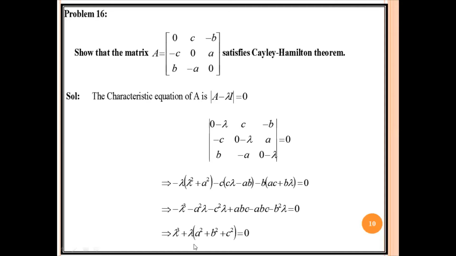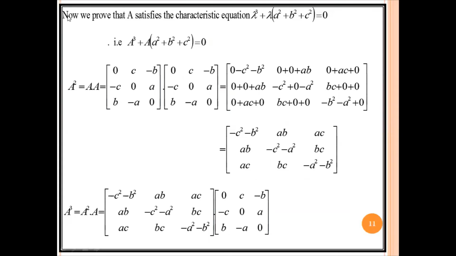Simplify that, we'll get the characteristic equation as lambda cube plus lambda into A square plus B square plus C square is equal to 0. Now we want to verify the Cayley-Hamilton theorem here.